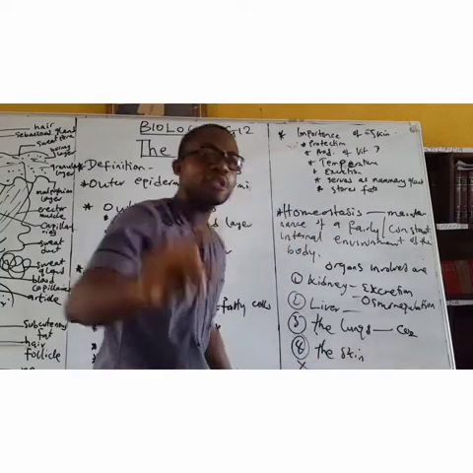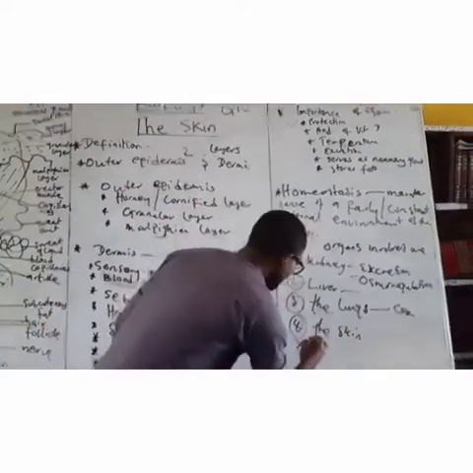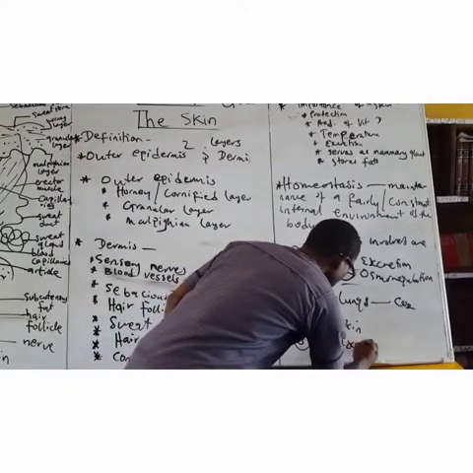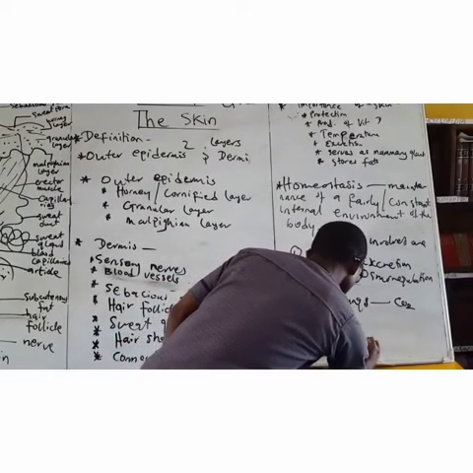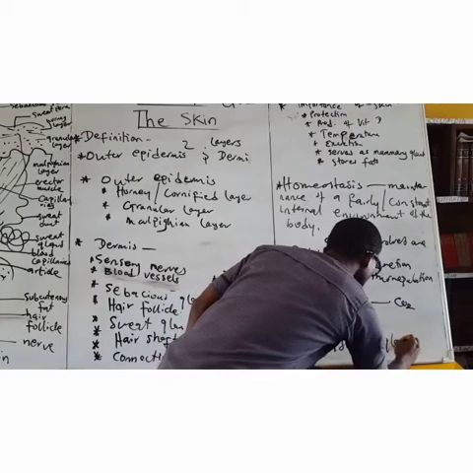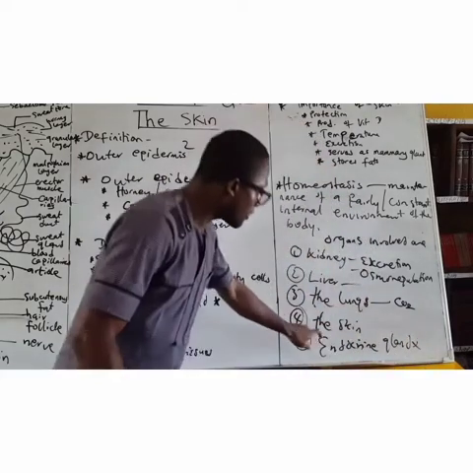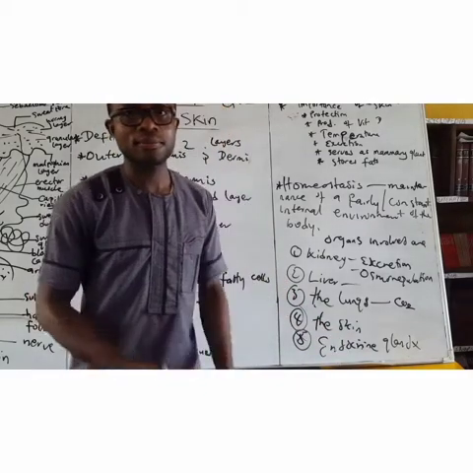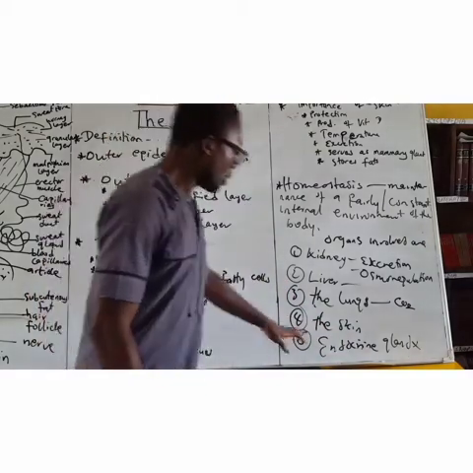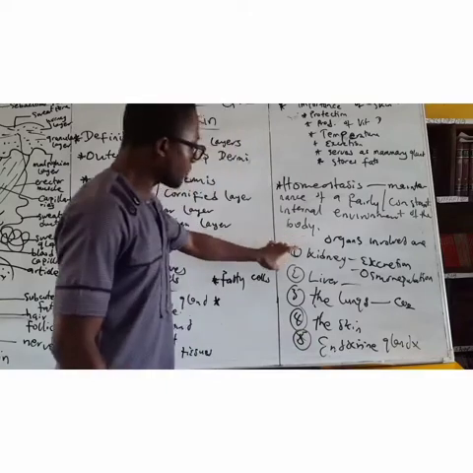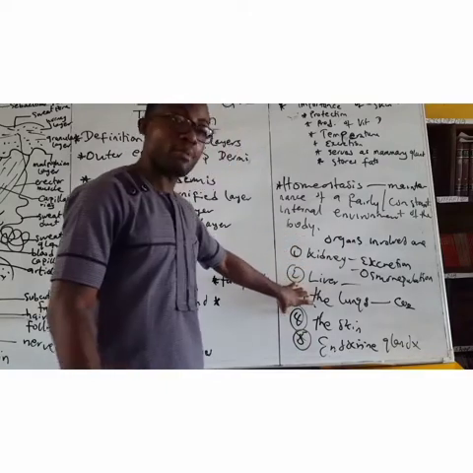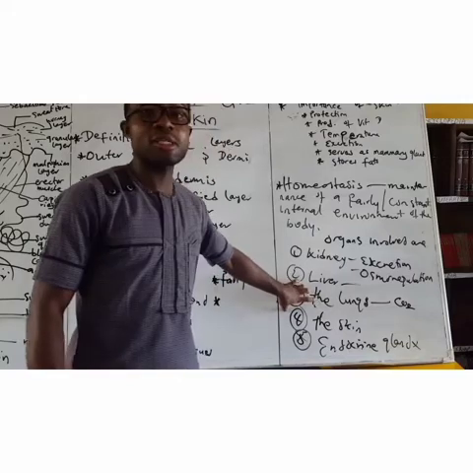Then we have the endocrine gland, which is involved in the release or production of hormones in your body. So we have done kidney, we have done liver, I think we have done lungs, but I will still go back to the lungs. We've done lungs in SS2.